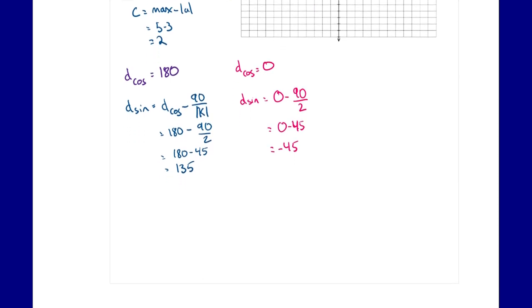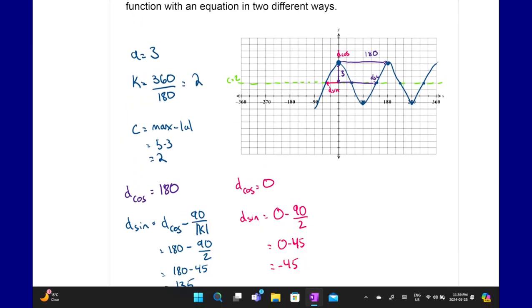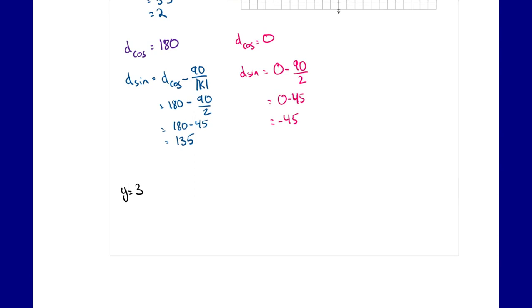So for the first two, we have y equals a, which is 3, times sine, k value is 2, then bracket x plus 135, plus 2, or y equals 3 times cosine 2x plus 180, plus 2.